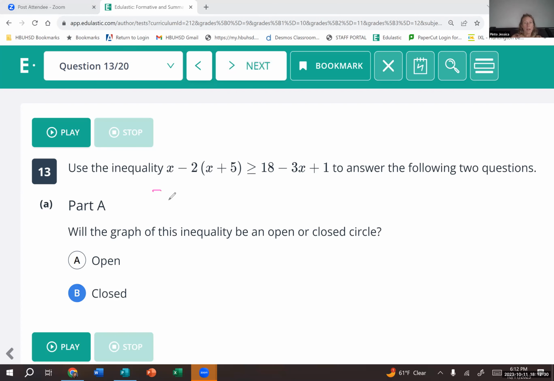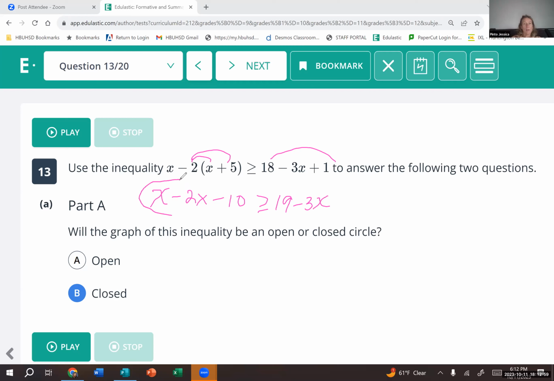So I'm seeing x minus 2x minus 10 inequality 18. Oh, I want to add those together. Not 18. I'm going to put that as 18 plus 1, 19. And then minus 3x.